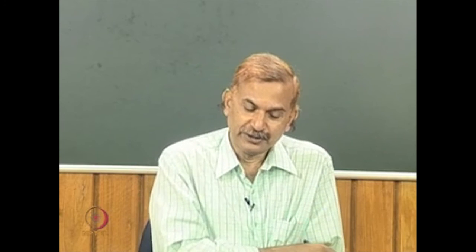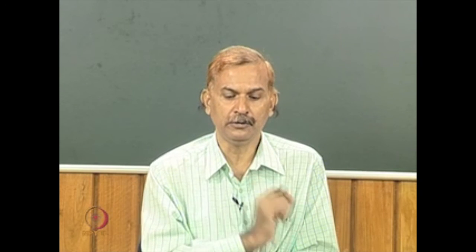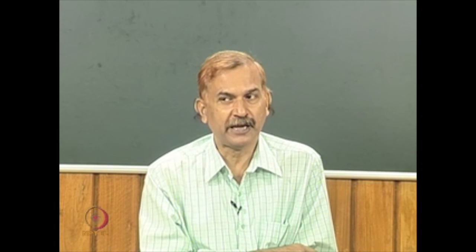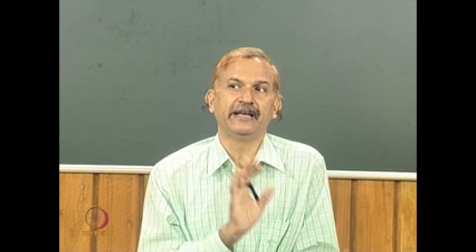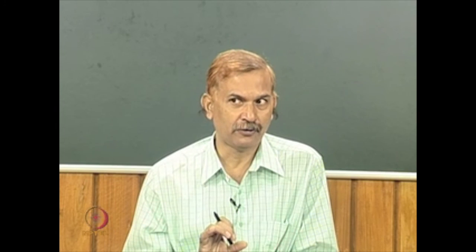Now, third question: the definition of BDD does not restrict the occurrence of a variable to any number of times in a path. Okay, so that it may lead to inconsistency, with an example. Now, we are defining the BDD, binary decision diagram, or reduced binary decision diagram, and when defining it, we say that it is a DAG, a directed acyclic graph, which has non-terminal nodes and terminal nodes.